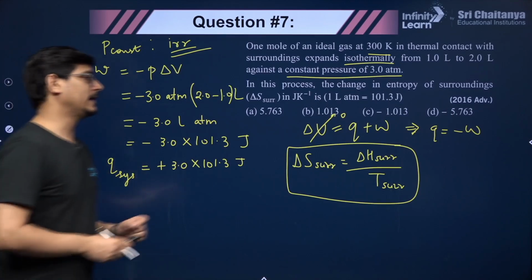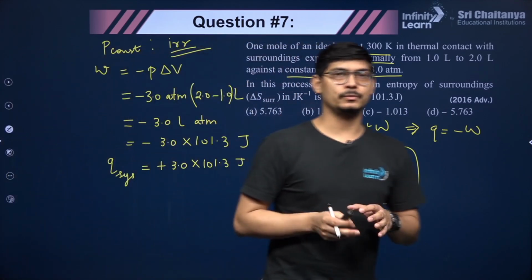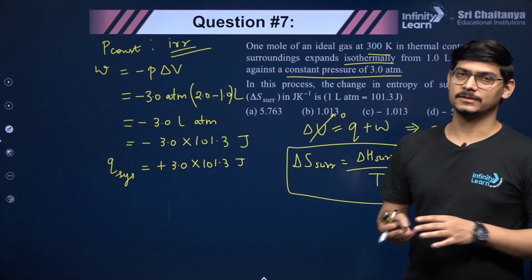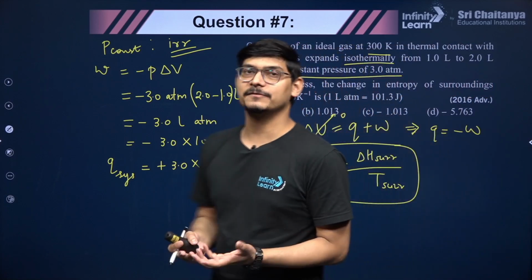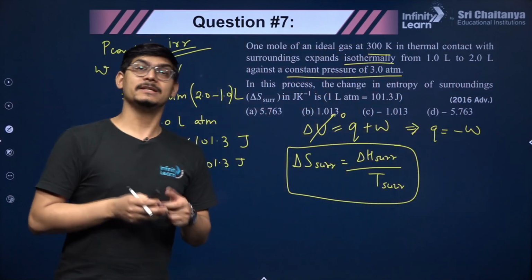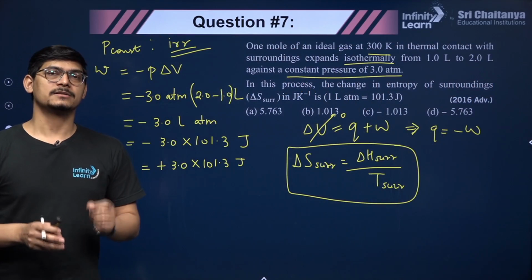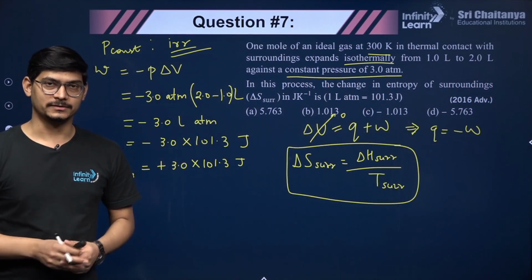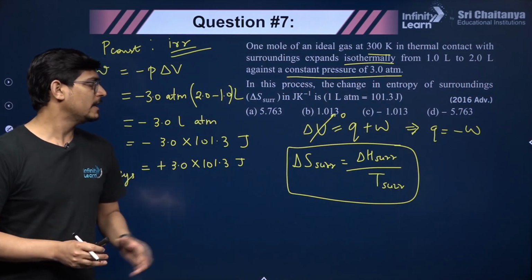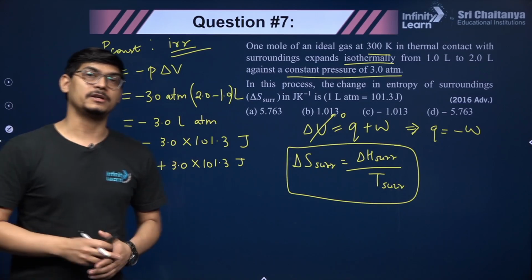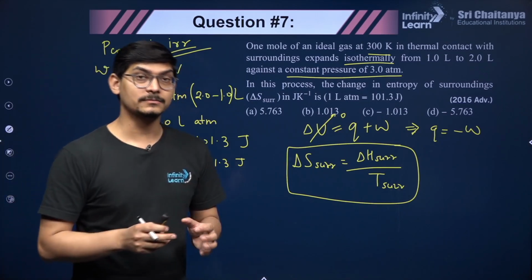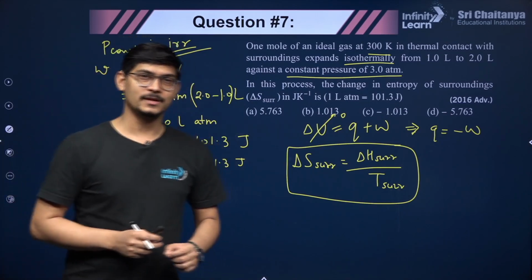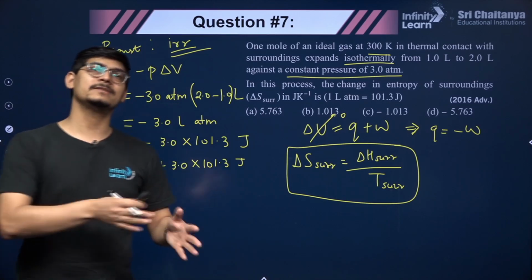Now please remember, what is the relation between the heat transferred by the system and the surrounding? Obviously they are related as negative of each other. If a system releases 40 kilojoule of heat, surrounding must absorb 40 kilojoule of heat, by the conservation of energy. So for the system Q is minus 40. Where did this heat go? Surroundings absorbed it.